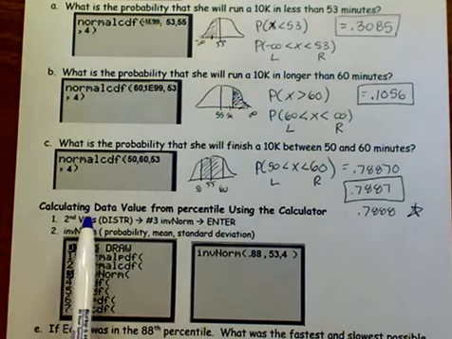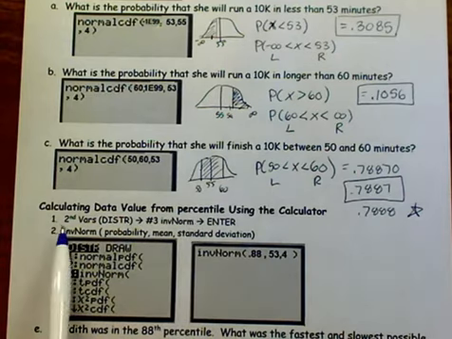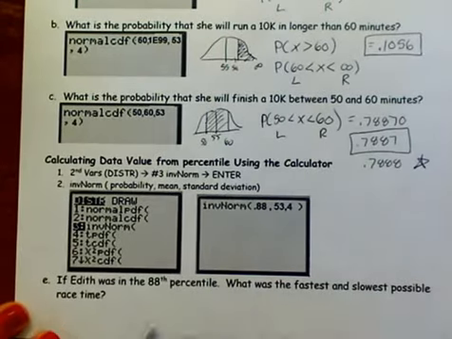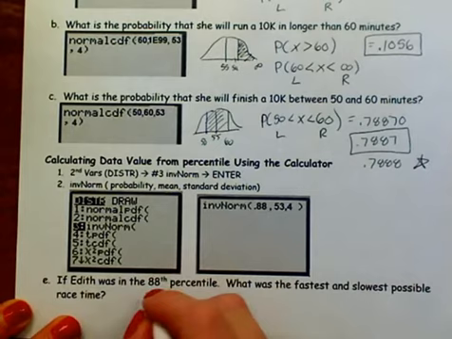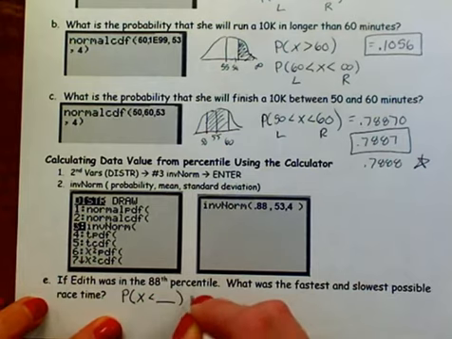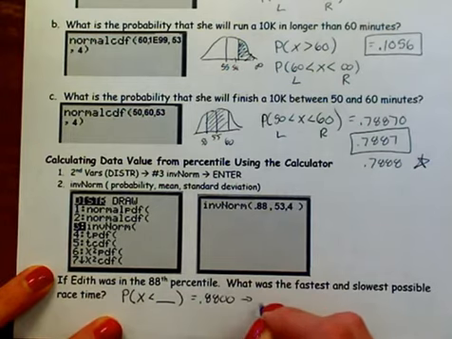Let's look at finding the data value from a percentile. If Edith is in the 88th percentile, what's the fastest and slowest possible race time? Well, the first thing I know is that I'm trying to find the data number that would give me 0.8800 all the way through 0.8899.